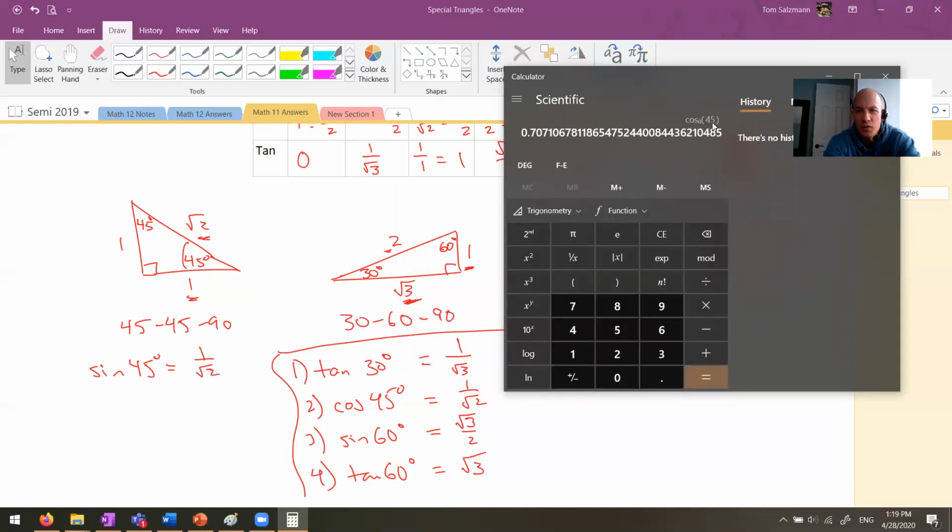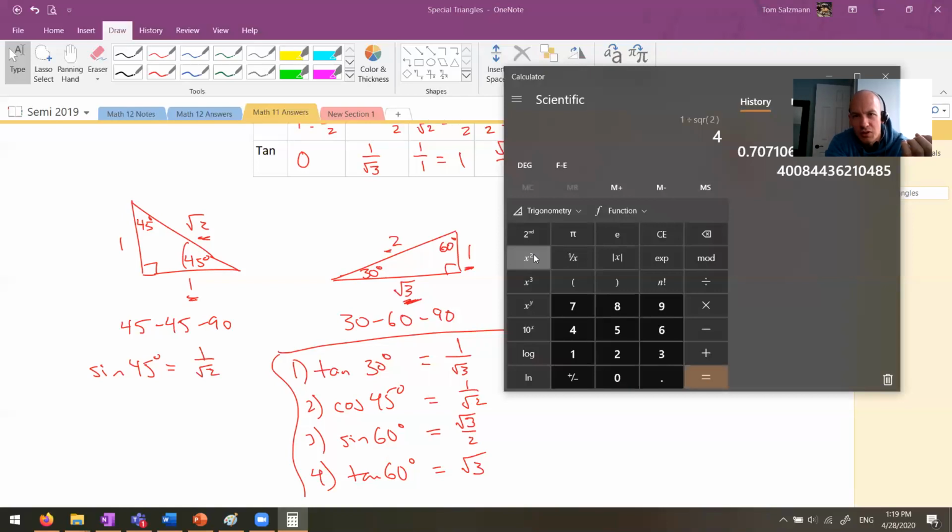Anyway, cosine of 45 is 0.707. Now, we said 1 over root 2, but is that the same thing? It turns out it absolutely is, because if you go 1 divided by the square root of 2, I think in this calculator you have to push 2 and then the square root button, which I don't even see where it is. Oh, this calculator is the worst.